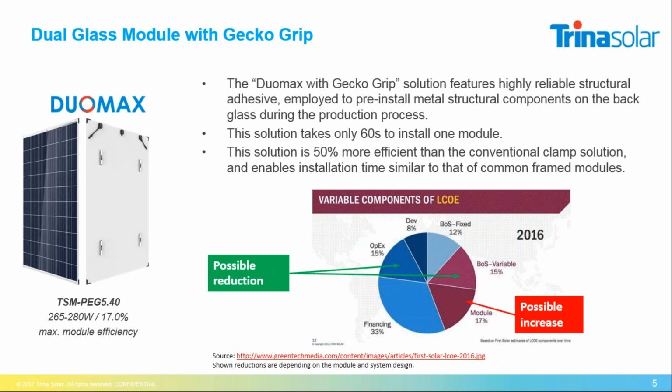The possible reductions are in the variable BOS part and in the operation part. And because it's an additional part, the modules will be slightly more expensive. But overall, from the system cost perspective, it's a better solution because you even have a lower risk of module cracks during the lifetime, since the load distribution is much better compared to clamps.